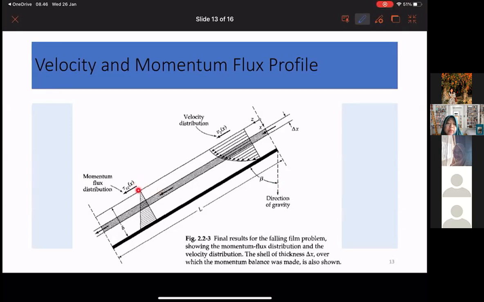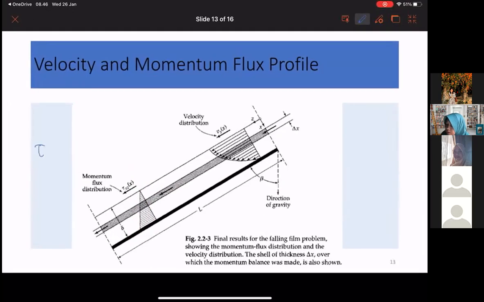If you look here at the momentum flux distribution, tau xz is 0 on the surface of the fluid, and on the surface of the solid it has a maximum value because it is a linear equation. Just to rewrite here, tau xz equals rho g cos beta multiplied by x, so it is a linear equation.